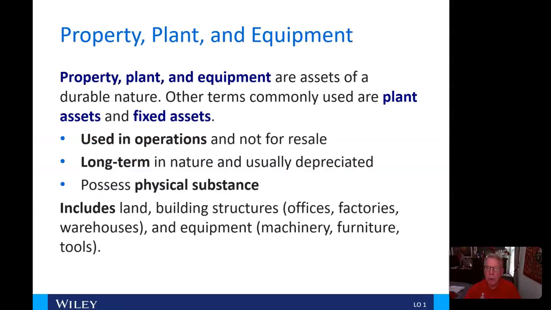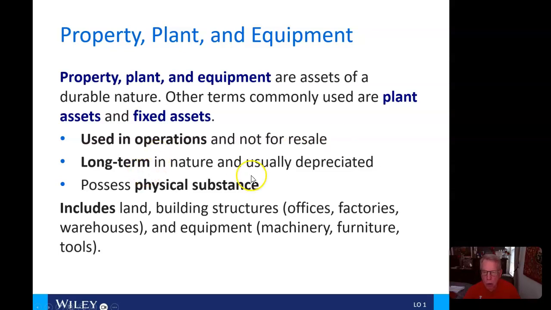All right, let's get started with the meat of the chapter in identifying property, plant, and equipment and its related costs. What are property, plant, and equipment? They're assets of a durable nature. Other terms that we use are sometimes called plant assets, or as I often use the term, fixed assets. We use these assets in operations. We're not in the business of reselling them.